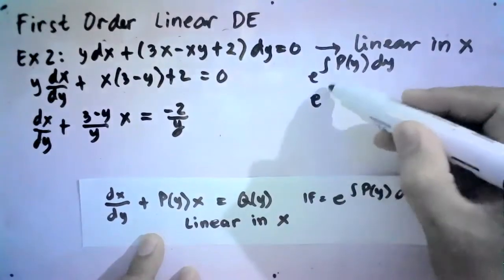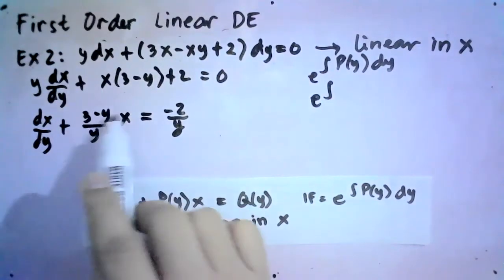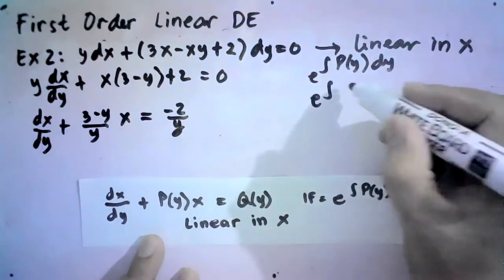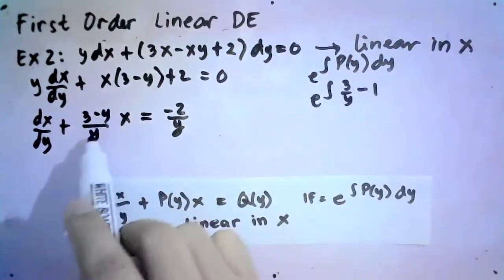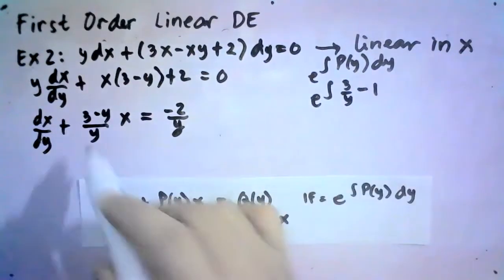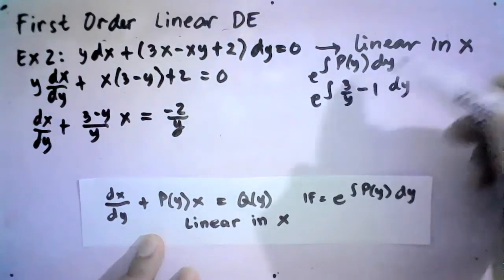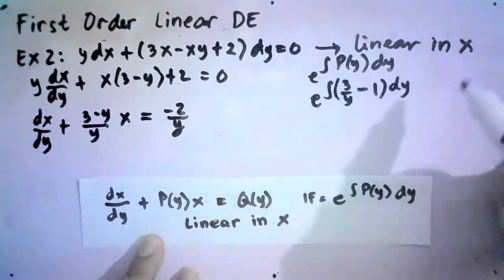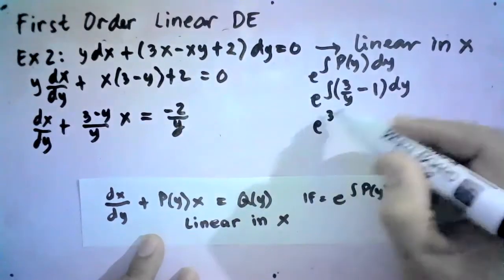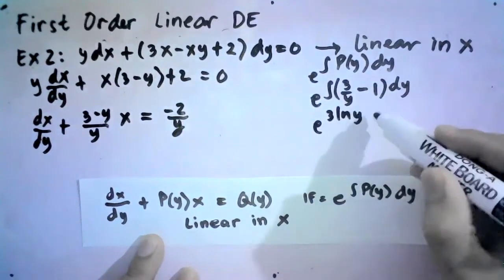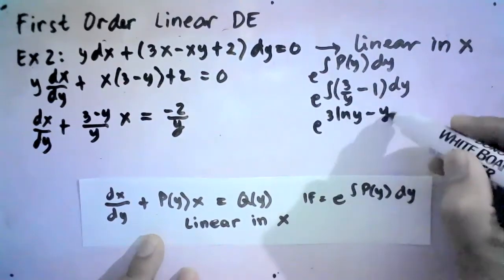Our P of y is (3 minus y) over y, which is equivalent to 3 over y minus 1, since y divided by y is 1. So we focus on this part. When we integrate, the result will be 3 ln y minus the integral of 1 dy, which is y.